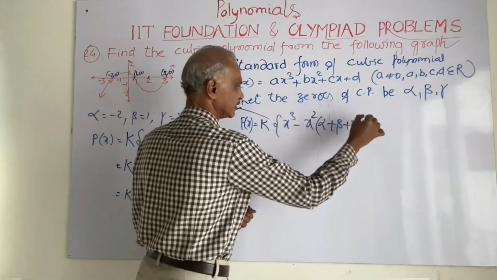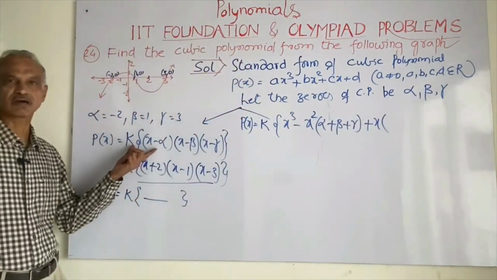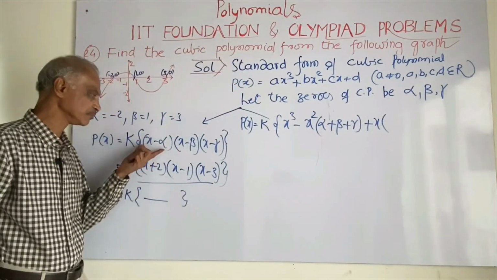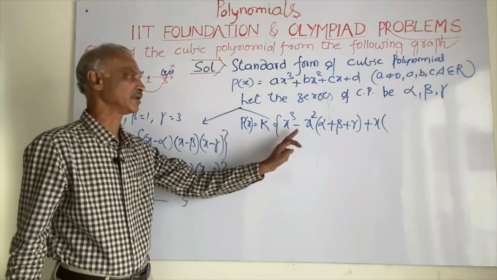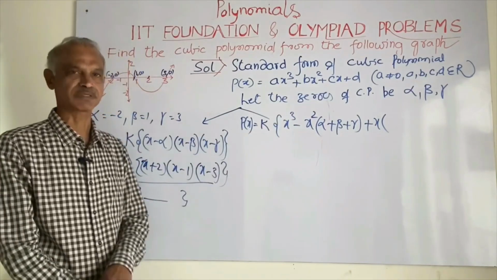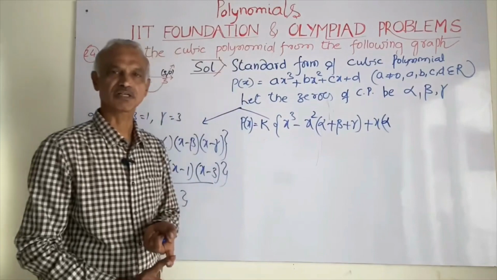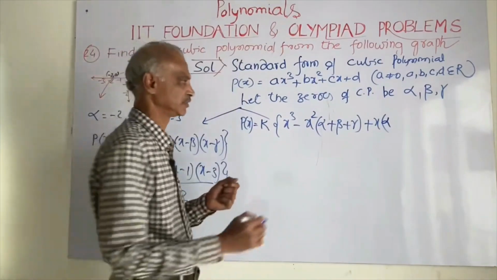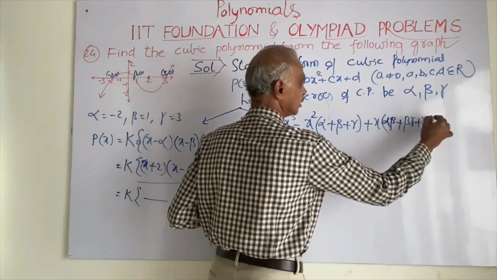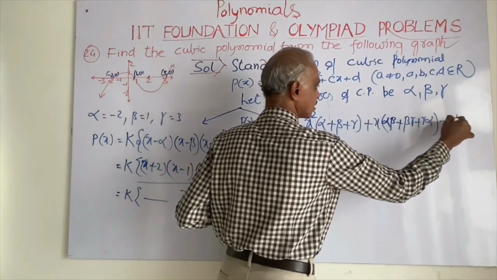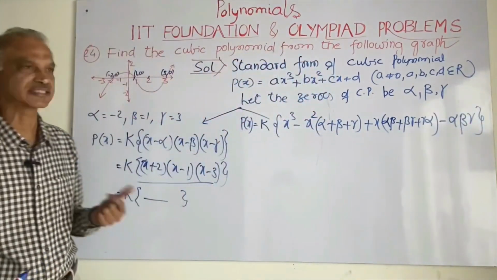Already we derived, if you multiply these three binomials, you will get x cube minus x square into (alpha plus beta plus gamma) plus x into the sum of the product of zeros taken two at a time, alpha beta, beta gamma, gamma alpha, minus alpha beta gamma, the product of the zeros.